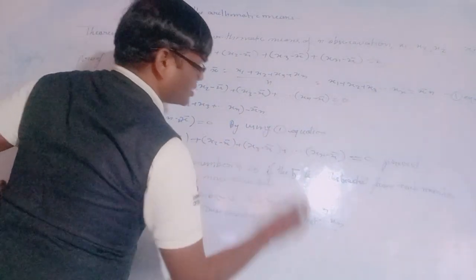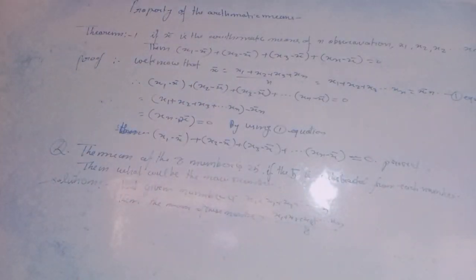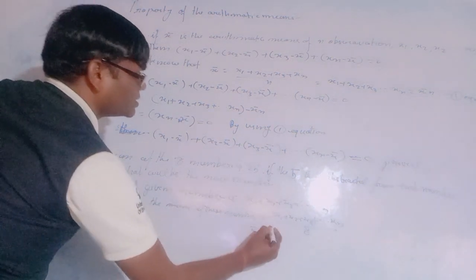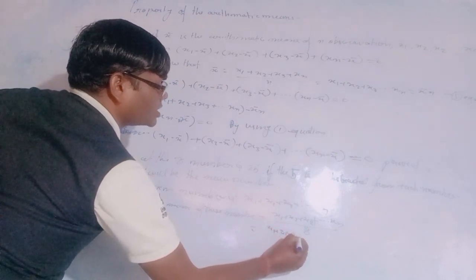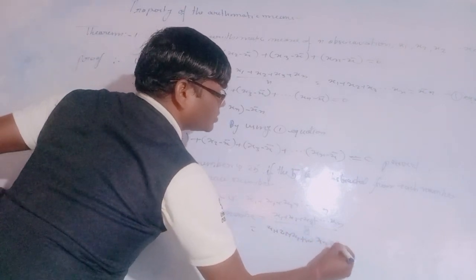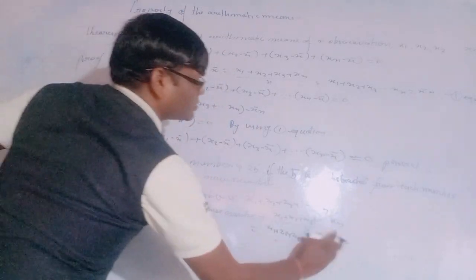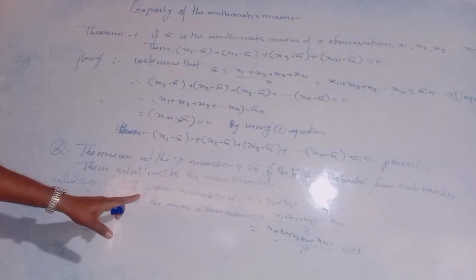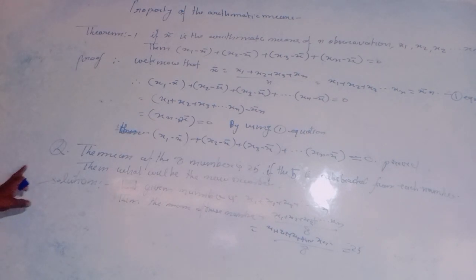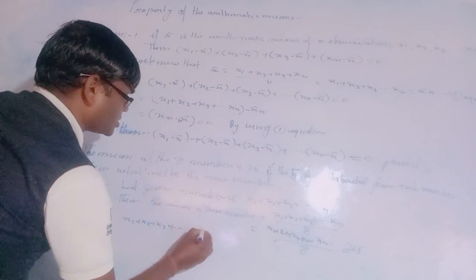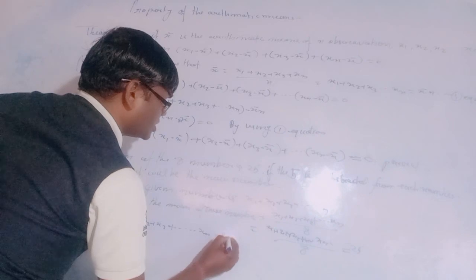The total number is given here, so 8. And the mean is always 25, and therefore (x1 + x2 + x3 + ... + xn) by 8 is equal to 25. So x1 + x2 + x3 + ... + xn is equal to 25 times 8, which is 200.